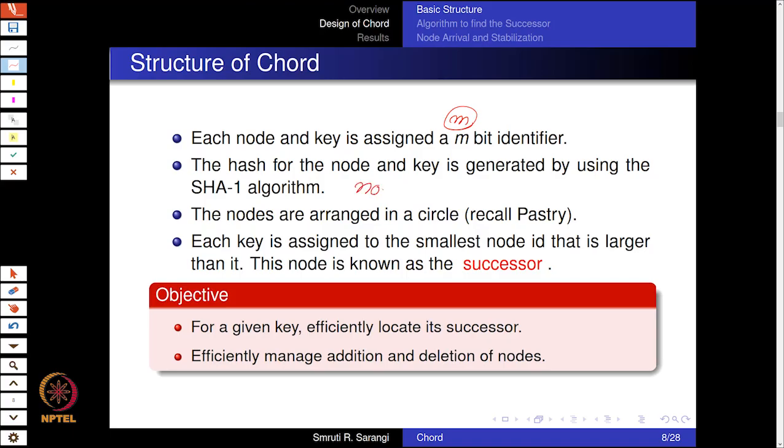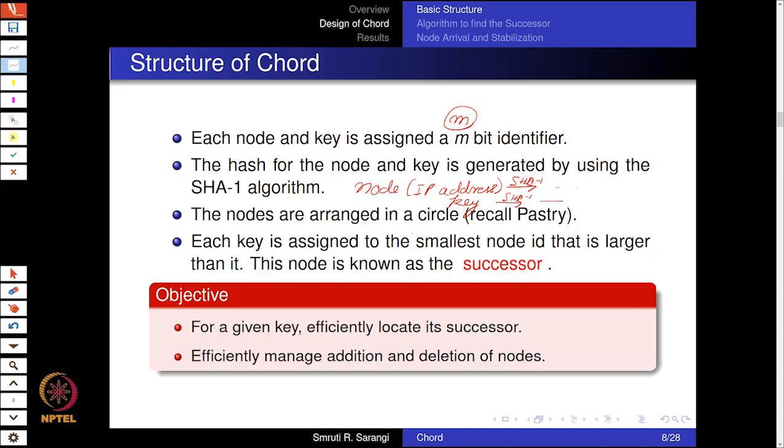Given the node, we take its IP address, we pass it through a hashing algorithm, and this gives us the hash. Similarly, we take the key, we pass it through a hashing algorithm, and that gives us the hash.